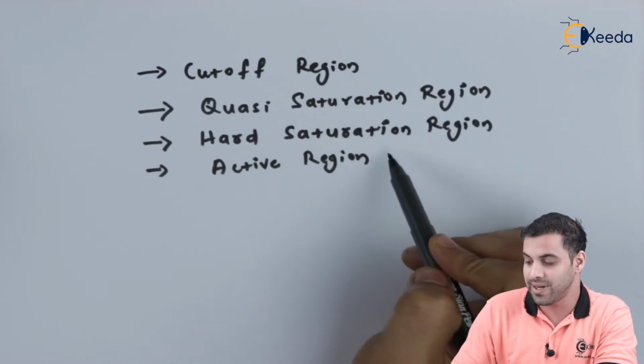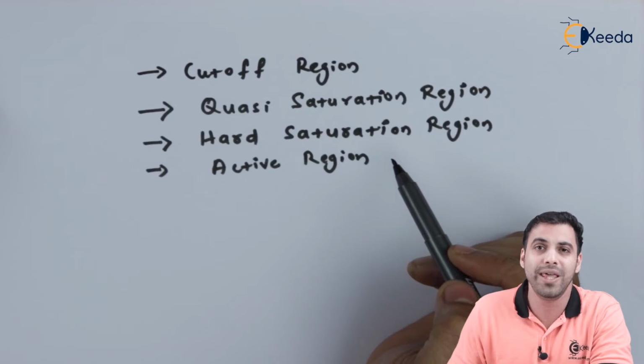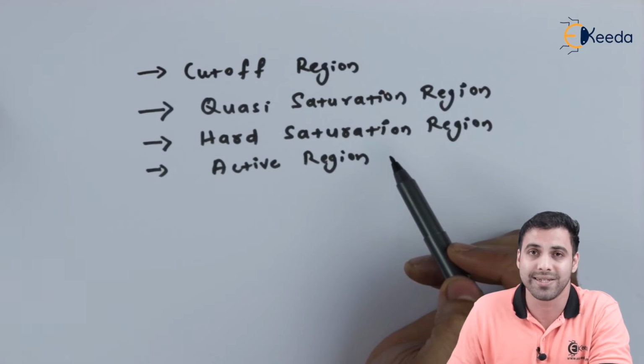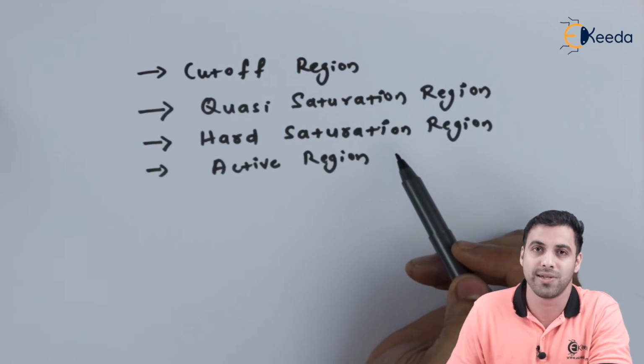These four regions can be better explained with a VI characteristics curve of a bipolar junction transistor, or of a power bipolar junction transistor.